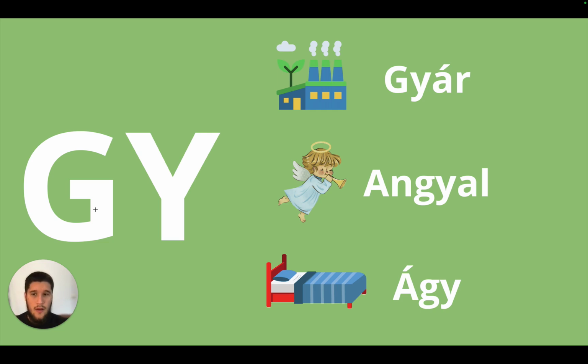So in Hungarian, even if a letter is a double-digit letter, it will still only make one sound. And that one sound, again, will always be pronounced in the exact same way.